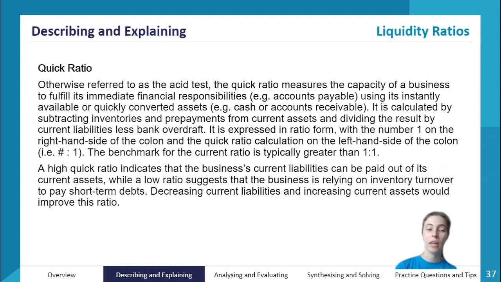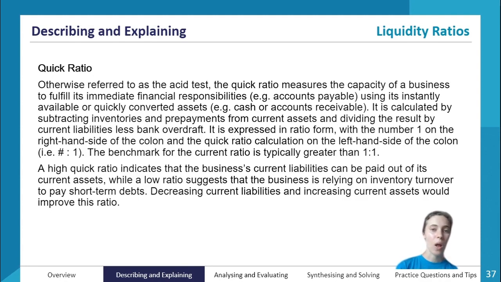So it's calculated by subtracting inventories and prepayments from current assets and dividing the result by current liabilities less any bank overdraft. You're not always going to have a bank overdraft, but if there is one, it's important to subtract that as part of your calculation.